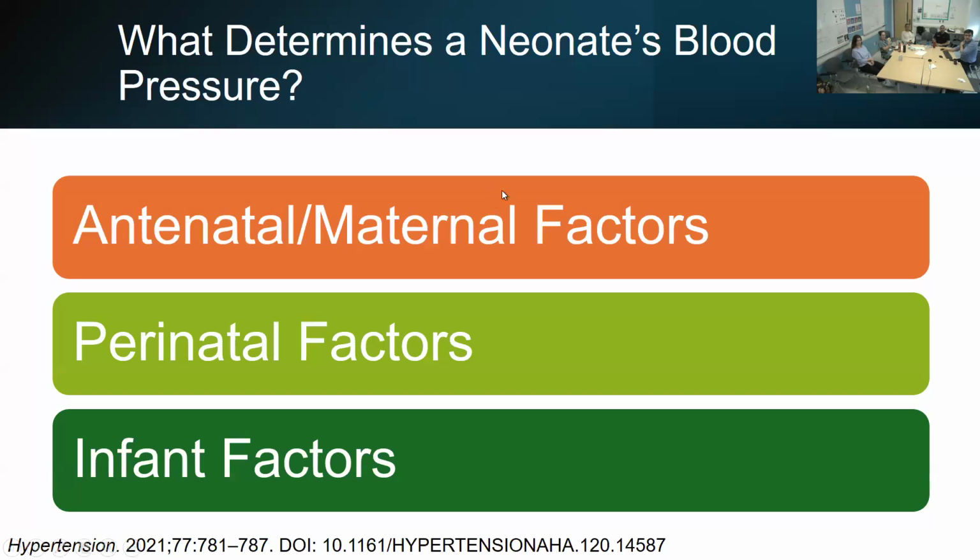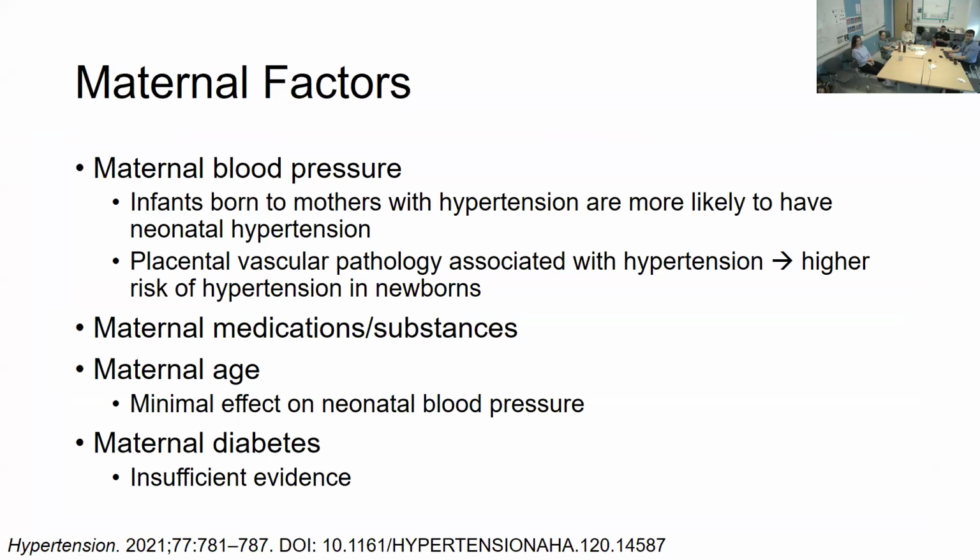In terms of the things that influence blood pressure, and this is not just necessarily hypertension, but what a baby's blood pressure is when they're born, you can divide it into three separate factors. The main ones from a maternal element, so antenatally: we do know there's a higher association with hypertension in babies born to hypertensive mothers, and specifically any sort of placental or vascular pathology, like preeclampsia, for example, where we know the risk of hypertension is higher.